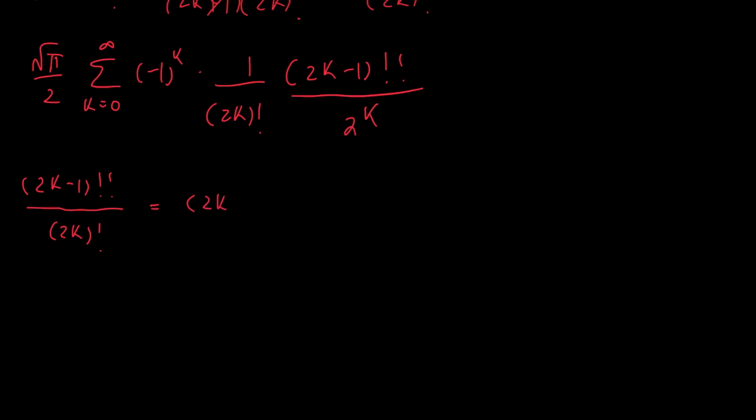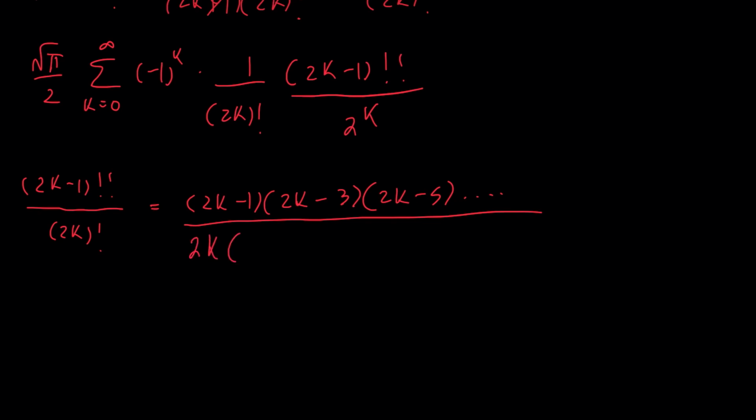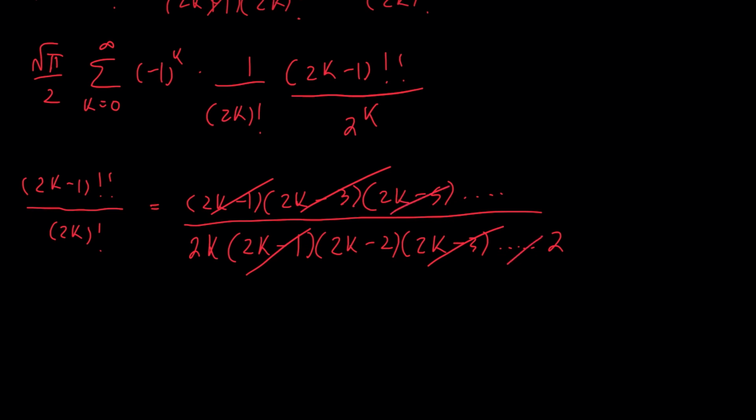So we have a 2k minus 1 double factorial divided by 2k factorial. This is going to be 2k minus 1 times 2k minus 3 times 2k minus 5 and so on over 2k times 2k minus 1 times 2k minus 2 times 2k minus 3 dot dot dot times 2. And we see these 2k minus 1s cancel, these 2k minus 3s cancel, and this 2k minus 5 will end up canceling somewhere here.